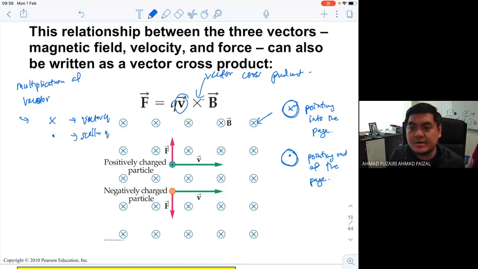All the fingers are the velocity, and the thumb is the force. Don't try to remember what you learned in Form 5. Try to forget it and concentrate on this. But for those who are really comfortable, you can use left hand Fleming.